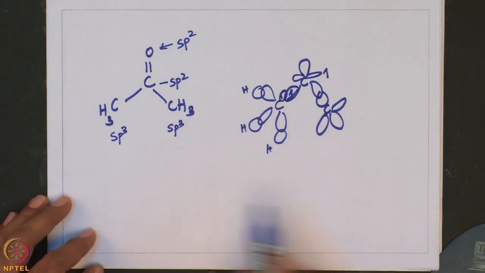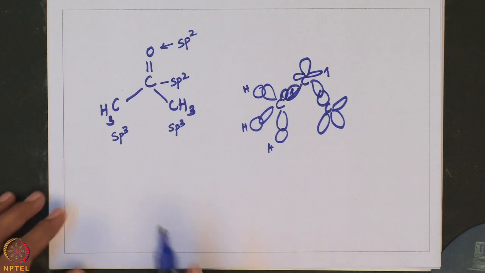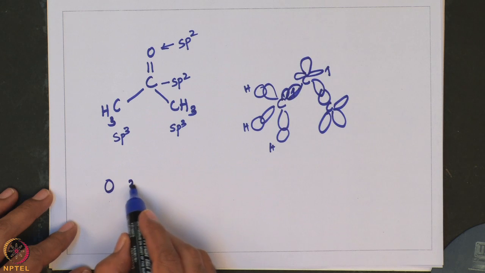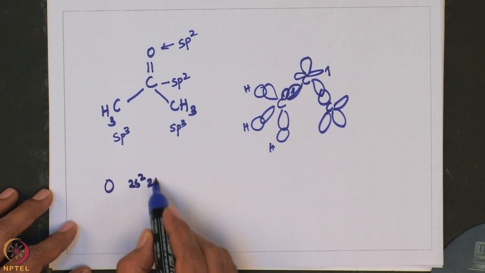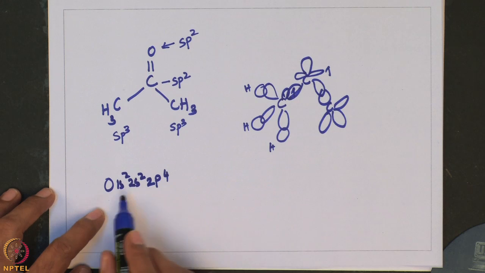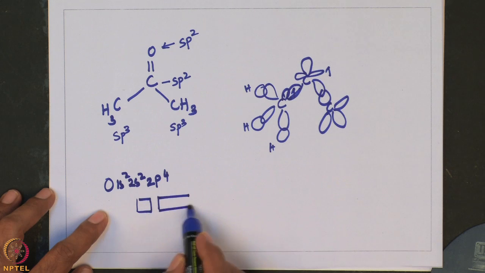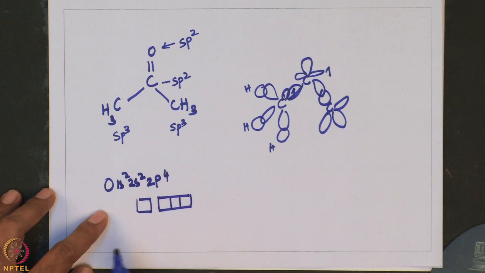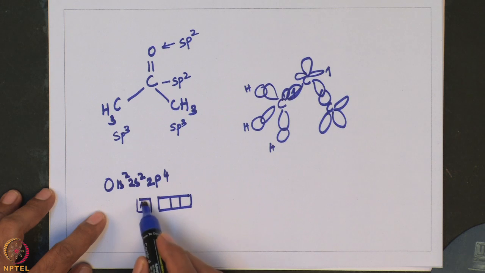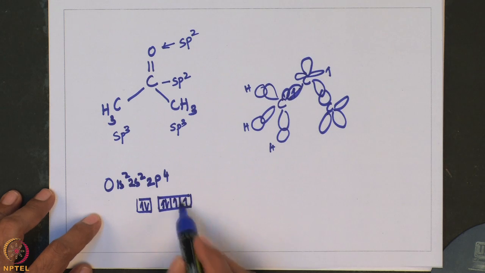So, that means that you may not be familiar. Let me write how to explain sp2 hybridization in the case of oxygen. In case of oxygen, we have 1s2, 2s2, 2p4. And now, if this oxygen undergoes sp2, in that case we have a situation like this: 1 electron here, 1 electron here.